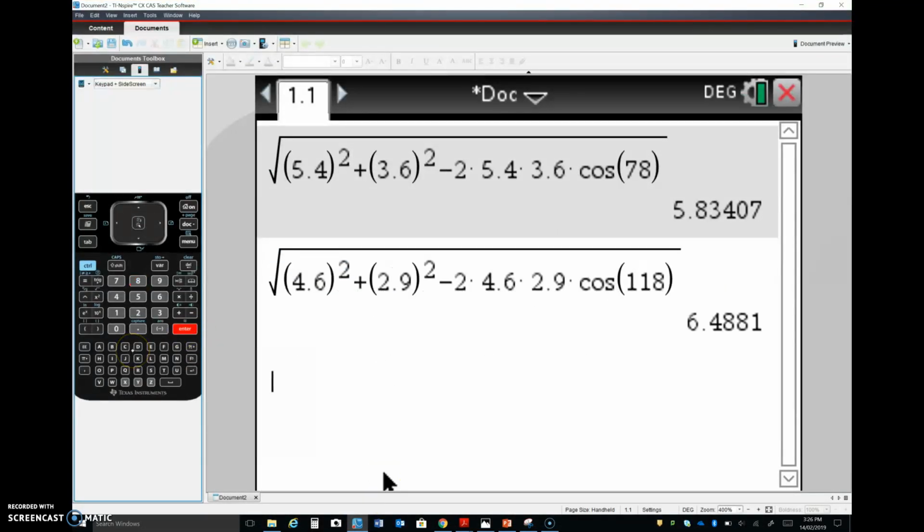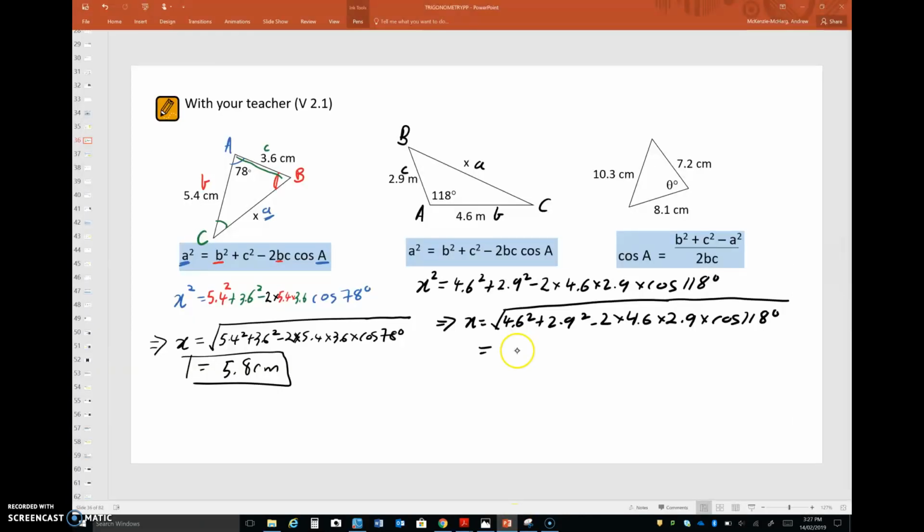Yep. So this time we're getting 6.5 if we go to one decimal place. 6.5 meters.